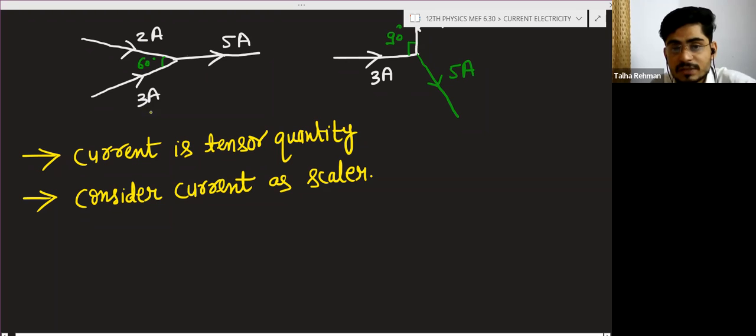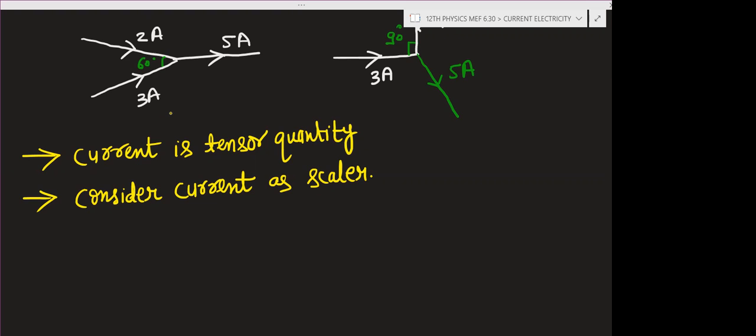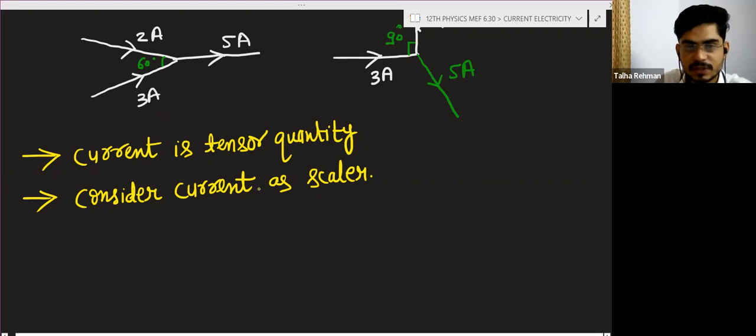There you have to consider the current as a scalar quantity. If you don't agree with this statement, you can consider tensor also, but for that you have to study tensors. Tensor is not in your syllabus.